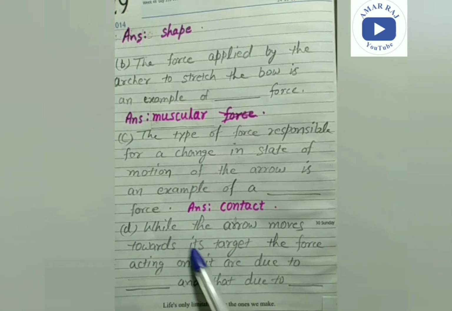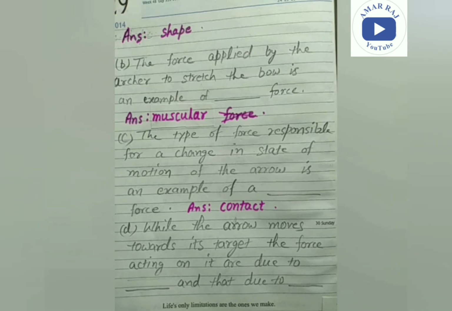While the arrow moves towards its target, the forces acting on it are due to dash and that due to dash. It means you have to name the two causes or the two agents which apply force on the arrow when it is in its path, in the middle of the air.